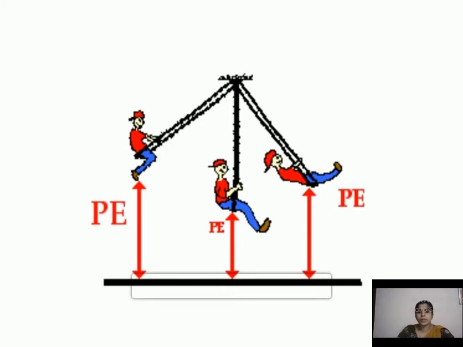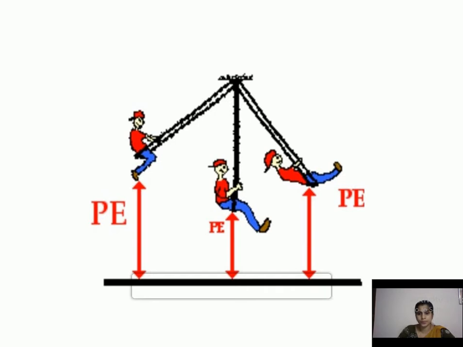If the tabletop is the zero position, then the potential energy of an object is based upon its height relative to the tabletop. For example, a pendulum bob swinging to and fro above the tabletop has a potential energy that can be measured based on its height above the tabletop.